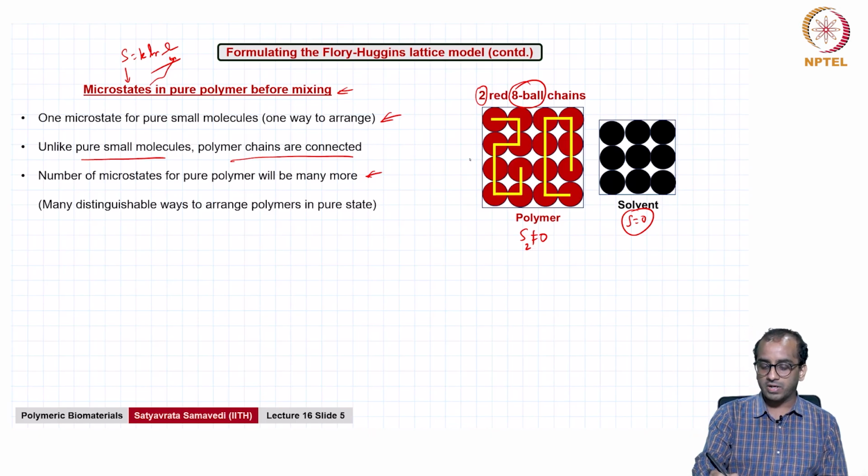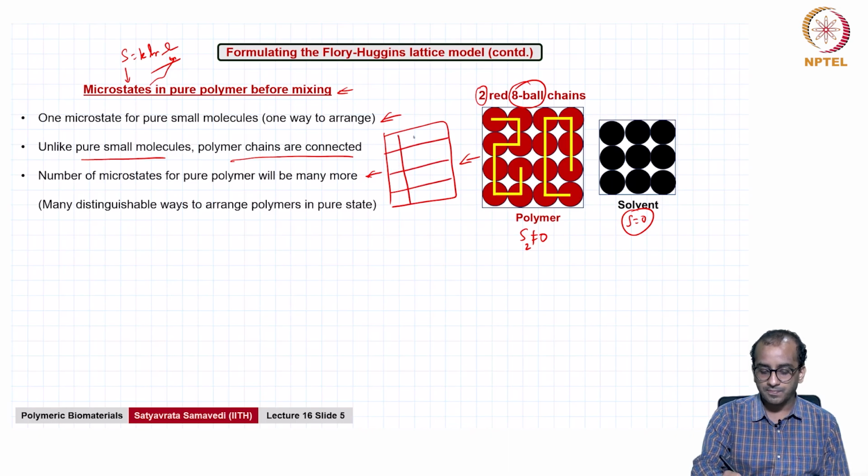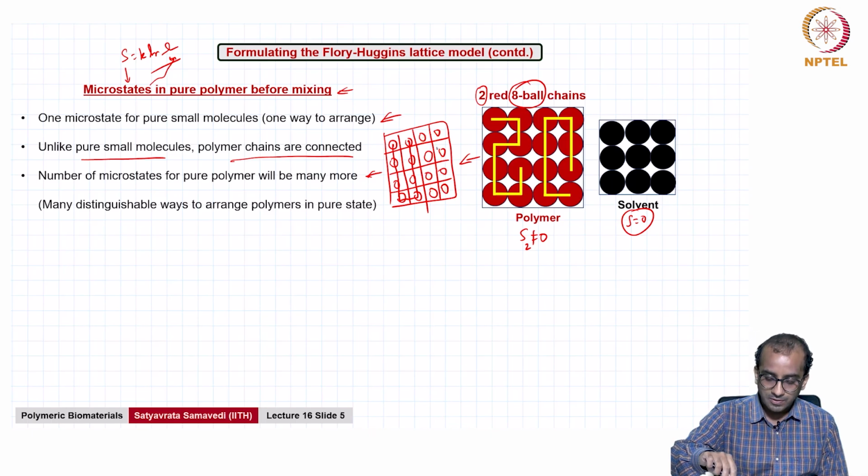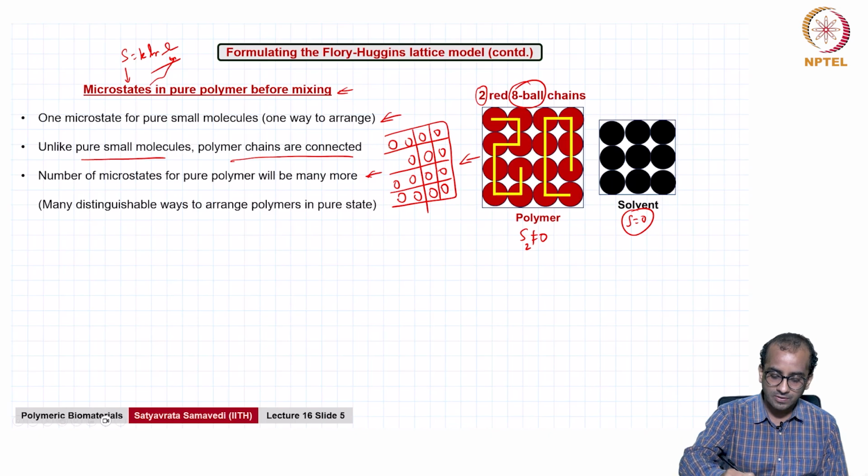So, if I now take this arrangement and I arrange the polymer this way, I'll maybe show the connections in a different color so that you can appreciate the differences.